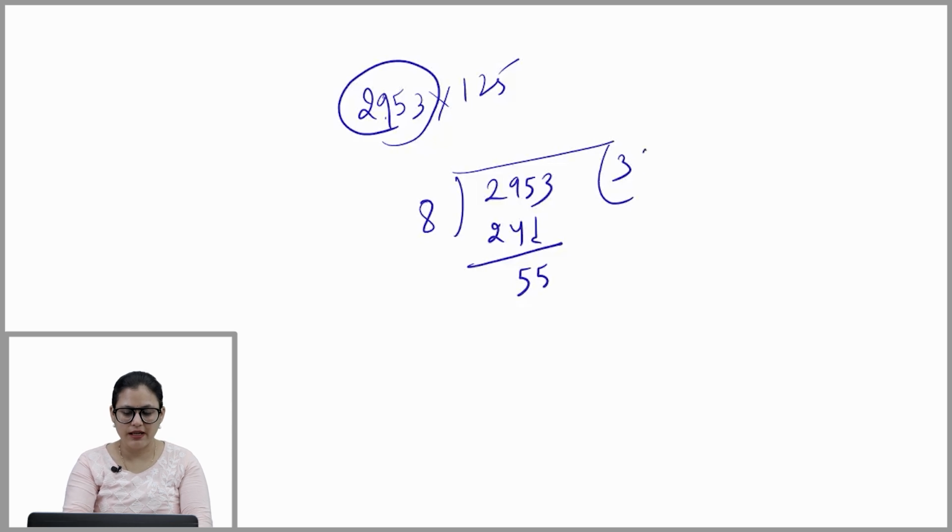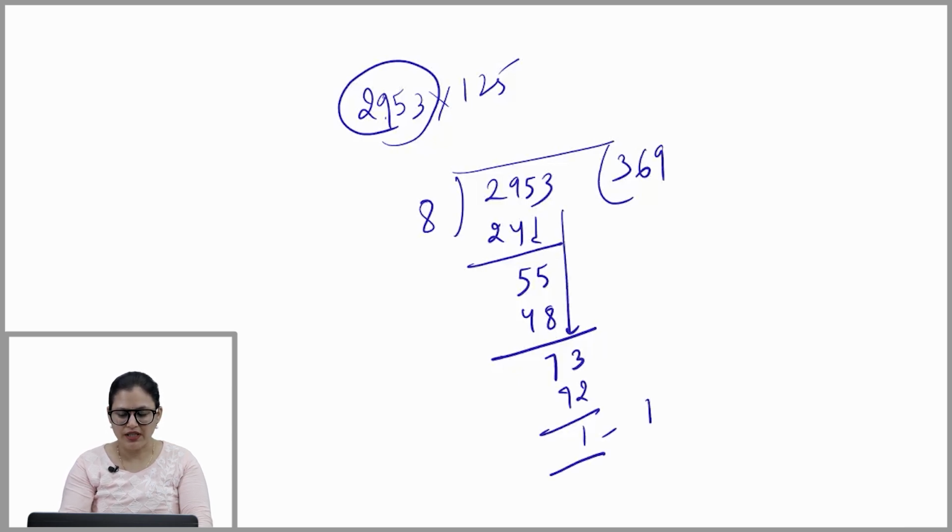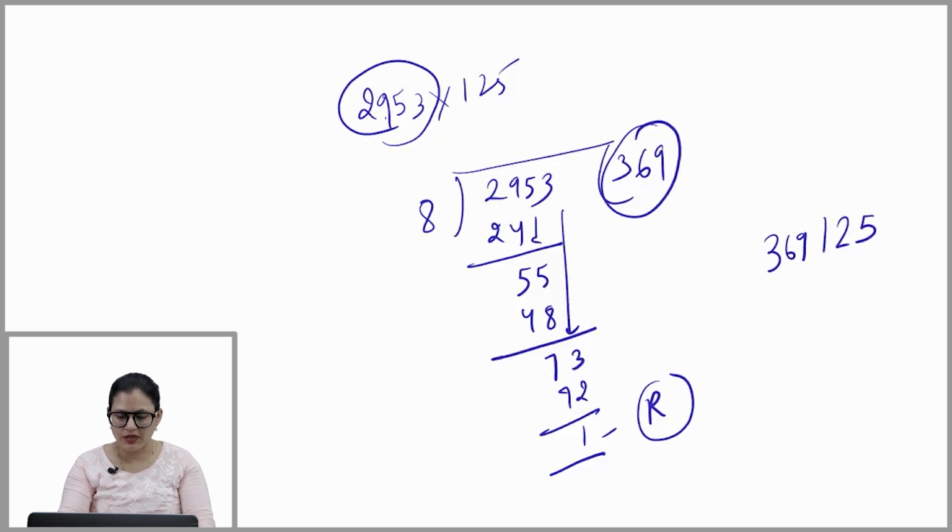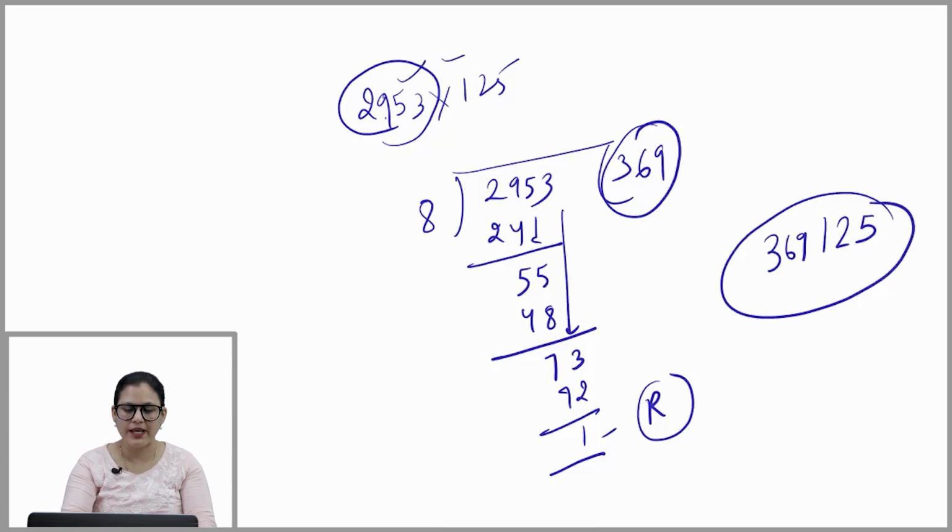Now 8 6s are 48. 15 minus 8 is 7 and 3. 8 9s are 72. Okay, now here the remainder is 1 and this is the quotient. So in case of 1, what will be the last 3 digits? The last 3 digits will be 1, 2, 5. Okay, and the final answer would be 369125. So this is the answer when we multiply these two numbers.